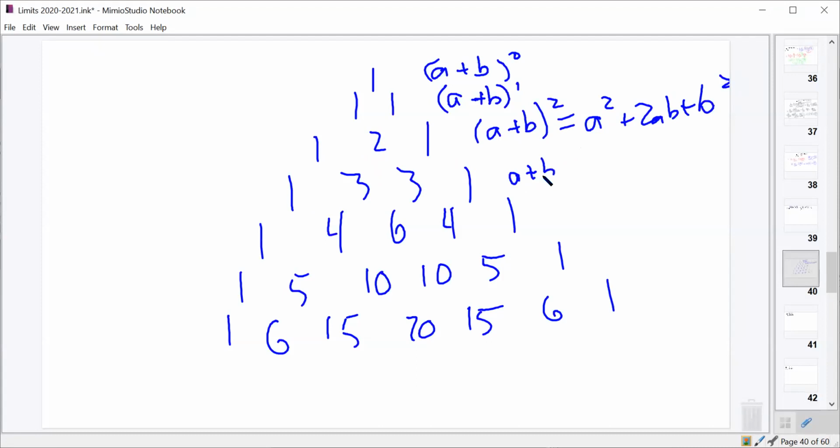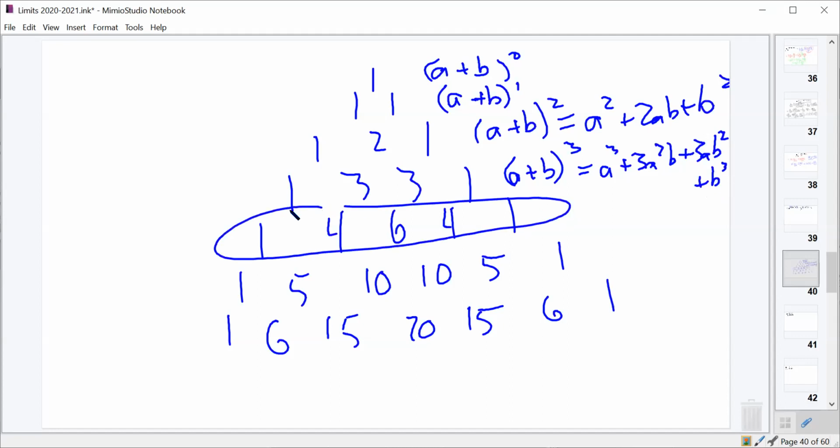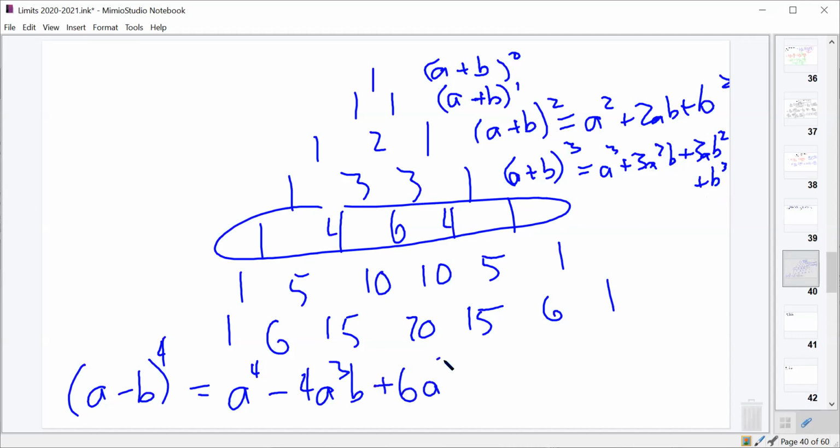a plus b to the 3rd is a cubed plus 3a squared b plus 3ab squared plus b cubed, right? And the coefficients of 1, 4, 6, 4, 1 come from a plus b to the 4th. The way we alter this, if it's a minus b, let's say, to the 4th power, that should be a to the 4th and then minus 4a cubed b plus 6a squared b squared minus 4ab cubed plus b to the 4th, where they just alternate signs.